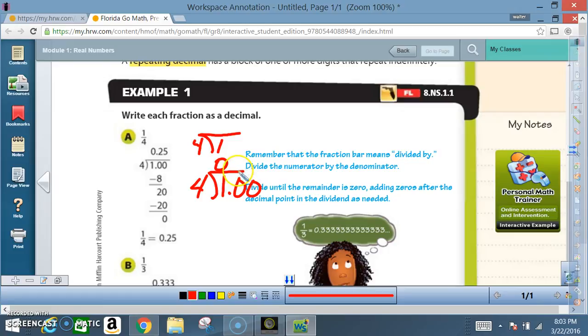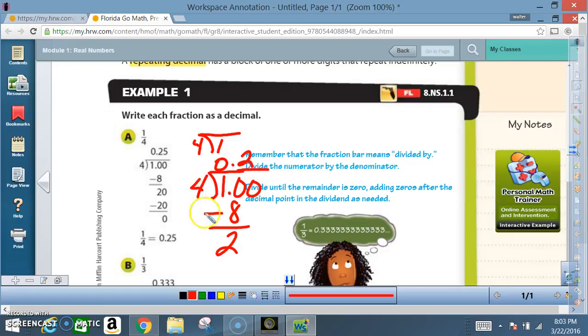I'll put my point that's there, bring it up here. Then I say, how many times does 4 go into 10? 4 goes into 10 two times. 2 times 4 is 8. So now I'm going to subtract. What's 10 minus 8? 2.